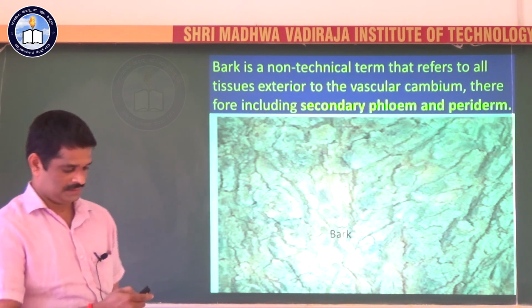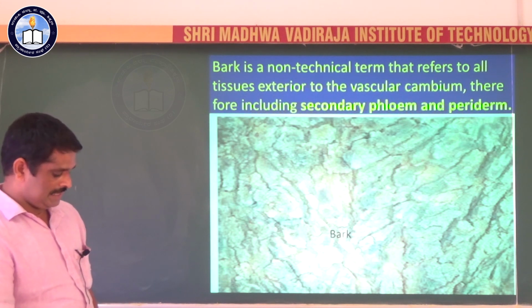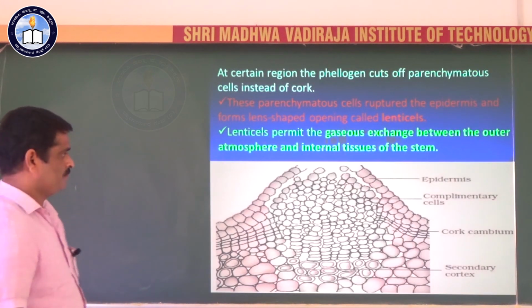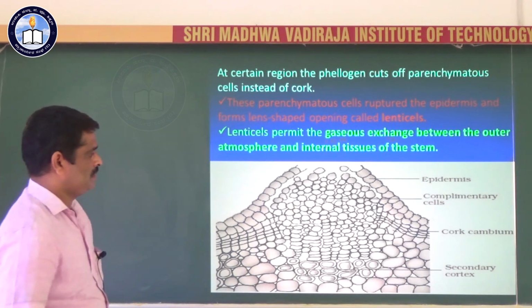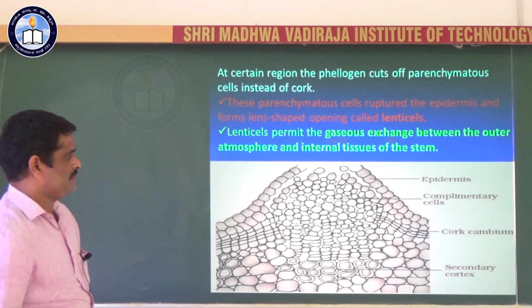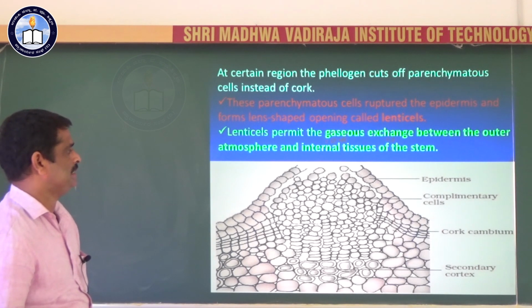In certain regions, the phellogen cuts off a narrow band of parenchyma. These parenchyma cells rupture the epidermis and form a lens-shaped opening in the older trees or the trees which have undergone secondary growth.